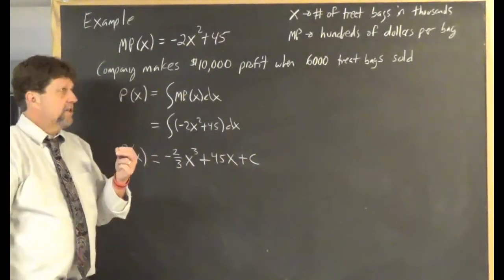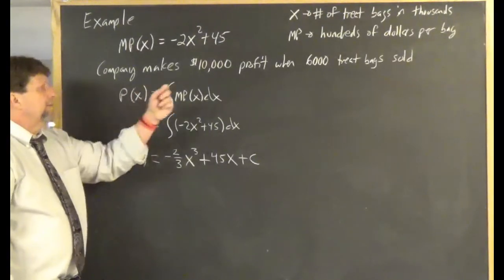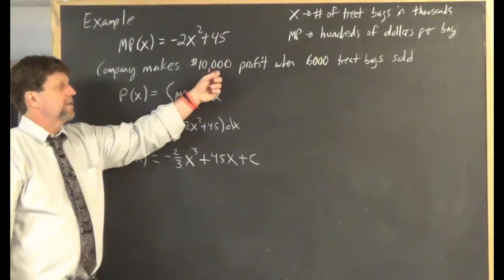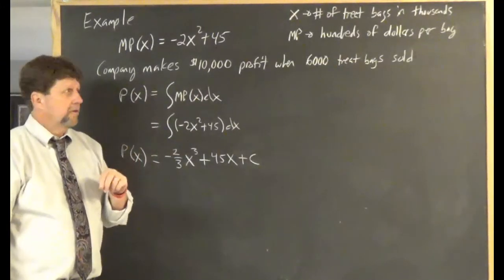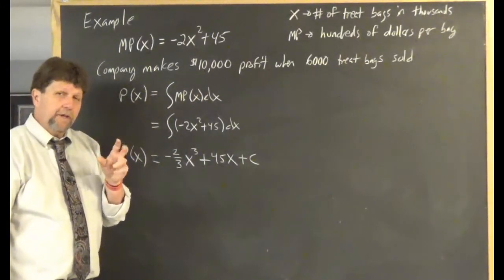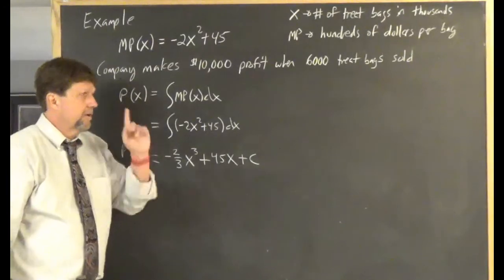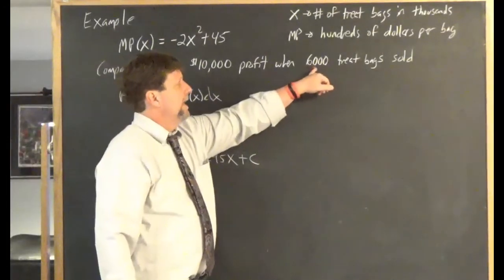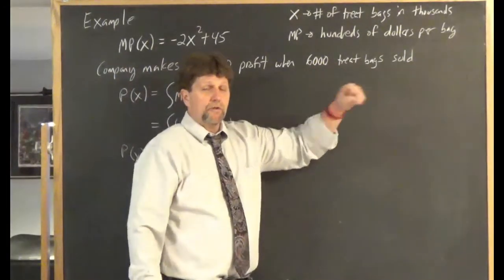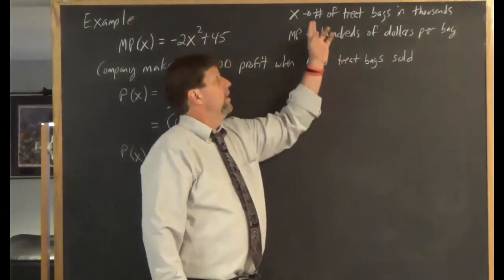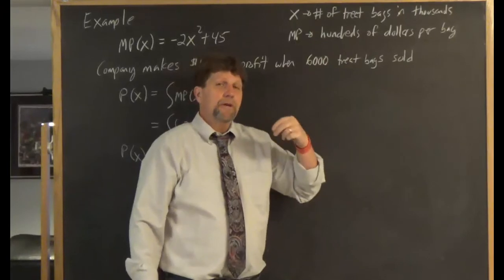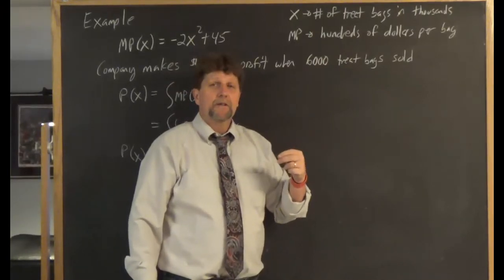And here's how we're going to do it. We know this company makes $10,000 in profit when 6,000 treat bags are sold. But we have to be careful here because of the units being used. First, we know 6,000 treat bags are sold. Well, x represents the number of treat bags in thousands.